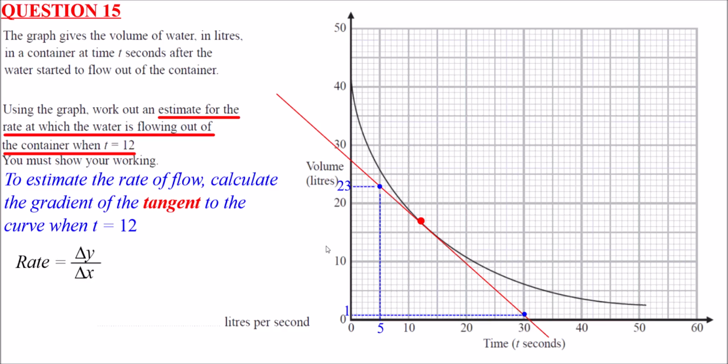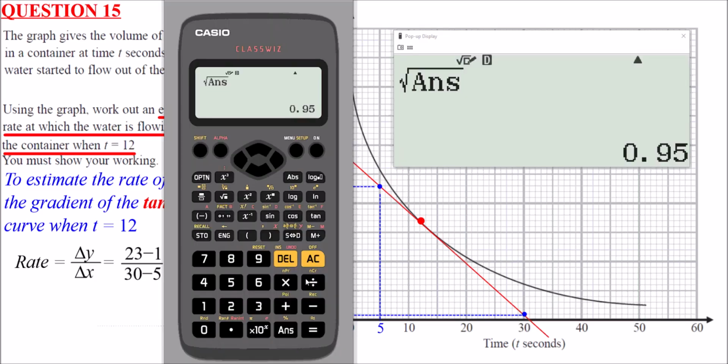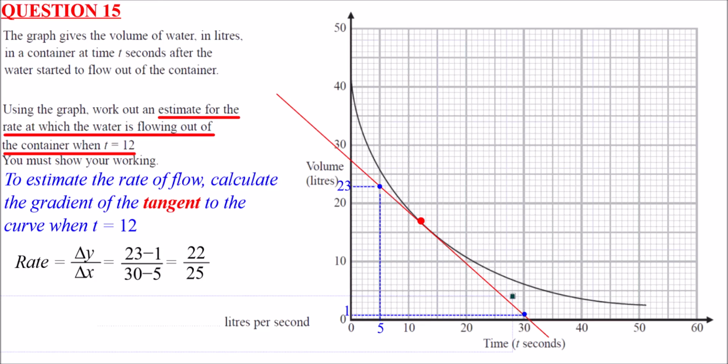So the litres goes from 23 litres down to 1, and the time goes from 5 seconds up to 30, so that's a 25-second gap. So 22 litres in 25 seconds, 22 divided by 25, that gives us our rate. So as a decimal, press S arrow D, it's 0.88 litres per second. So that's the answer we put down.